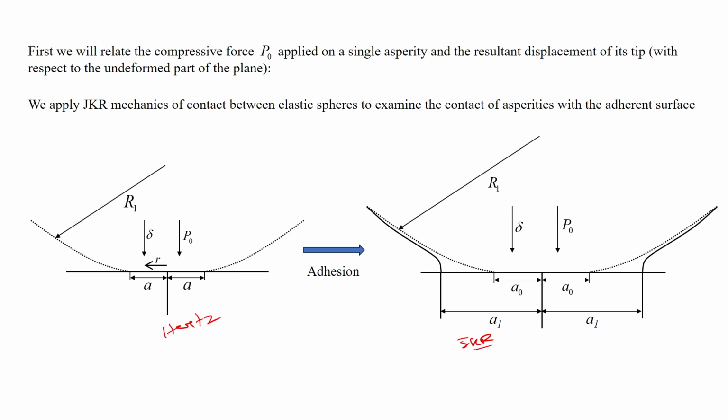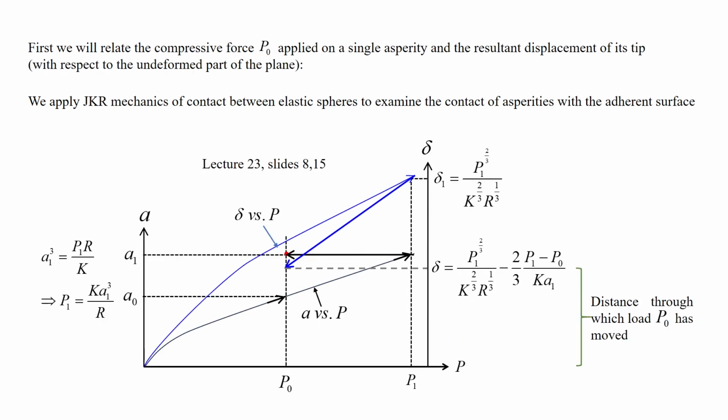Now, we want to find out, for a single asperity, by the way, to which we have applied a compressive load, let us say P0, and then a contact width forms, that is A1, in presence of adhesion. So, we try to find out the relation between them, and in essence what we are trying to do is find a relation between A and P.